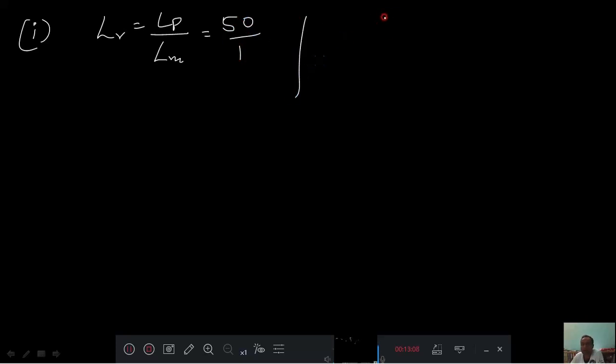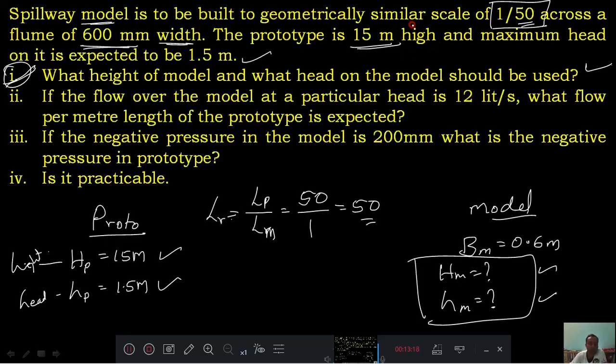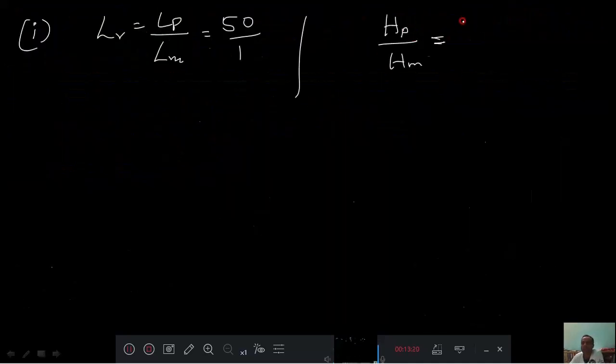Therefore, we will get the first parameter as length ratio, that is Lp by Lm is equal to 50 divided by 1. And here we have a height ratio. Height is also length, no? That is Hp divided by Hm is equal to, Hp is how much? Hp is 15 meter divided by Hm, we don't know, that must be equal to 50 divided by 1.